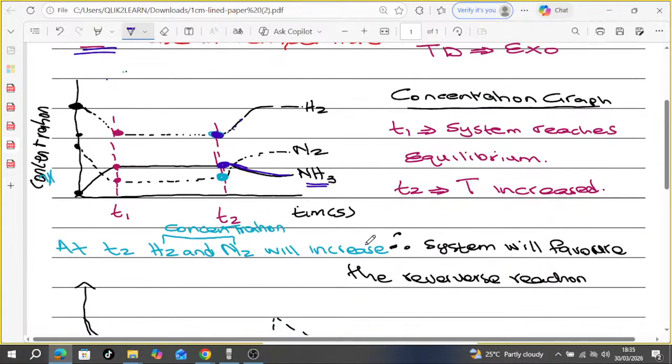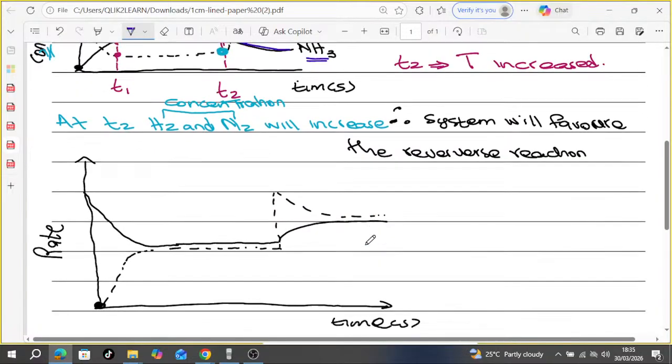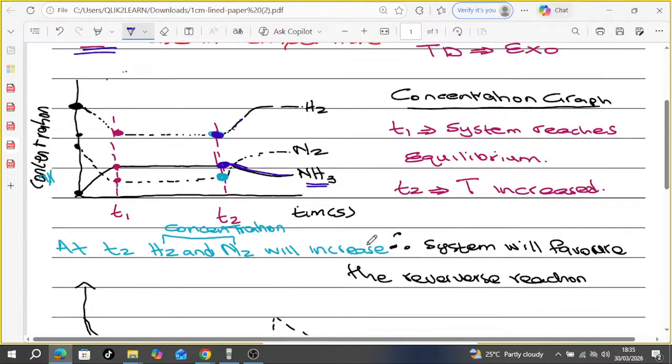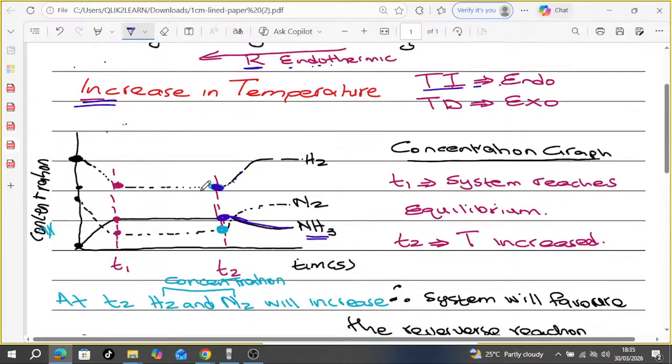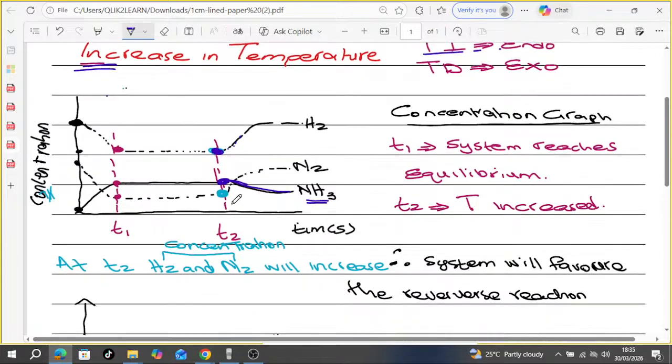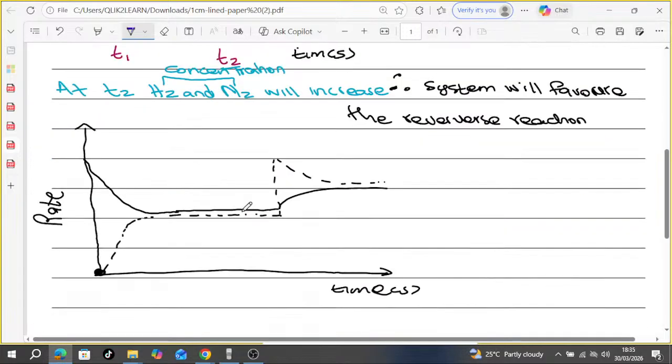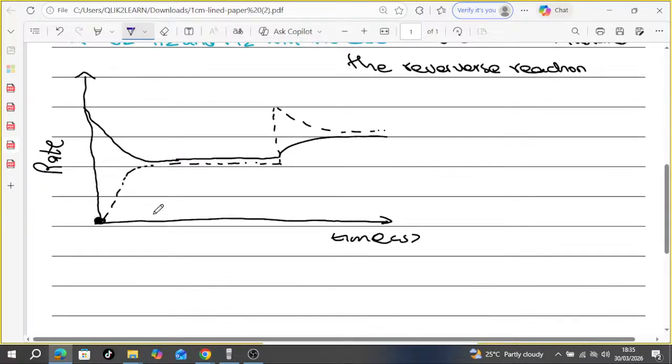Okay, so now let's move to the graph. Let's analyze this graph because they might bring it as concentration versus time, or they might bring it as rate versus time. You need to be able to differentiate the two. The most important thing is for you to know that the one that starts at 0 is your reverse reaction.